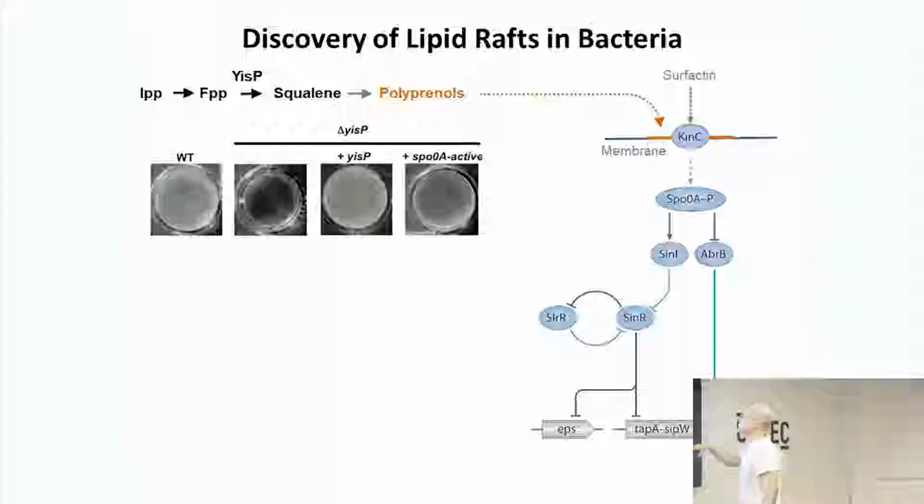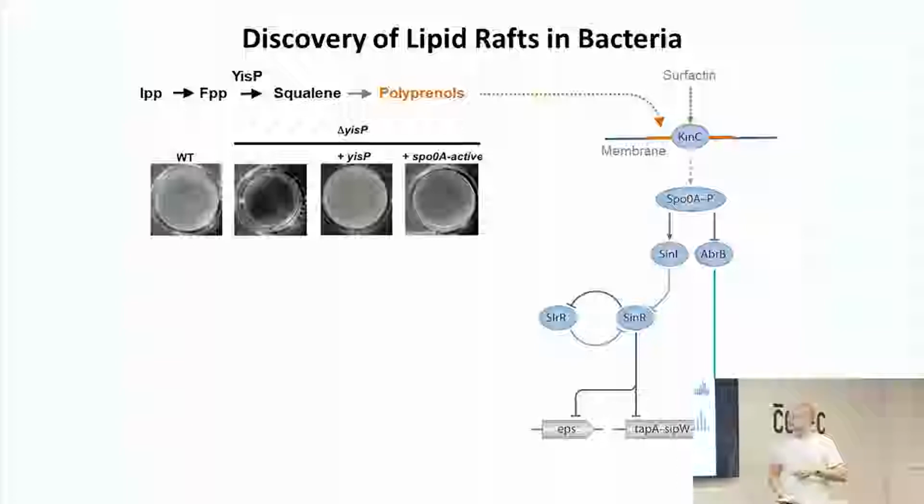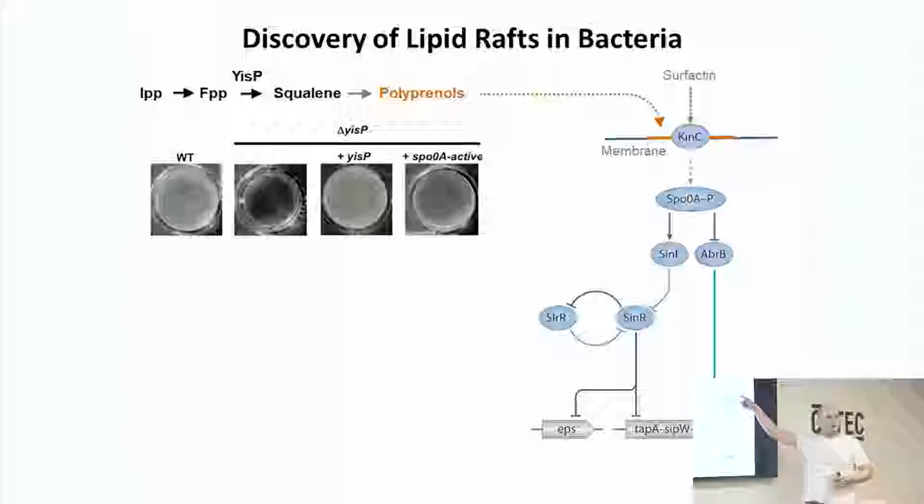And here's the pathway for biofilm formation. There is a sensor kinase that senses the signal. Surfactin is associated with the membrane, and that activates a phosphorylated regulator, SPO0A, and that triggers a whole and very complicated pathway to biofilm formation that ends up producing the two sets of proteins that are necessary for matrix production.